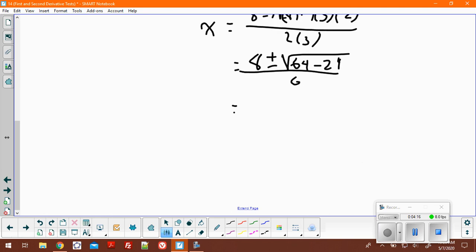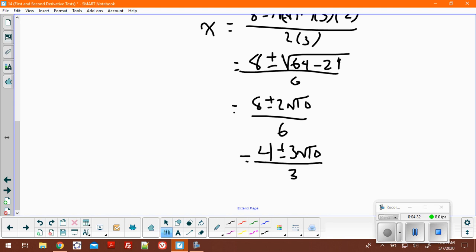Under the root sign, I'm going to have 40, which would reduce down to 8 plus or minus 2 root 10 over 6. So I'm going to have 4 plus or minus root 10 over 3. Not nice, but those are my two critical points.